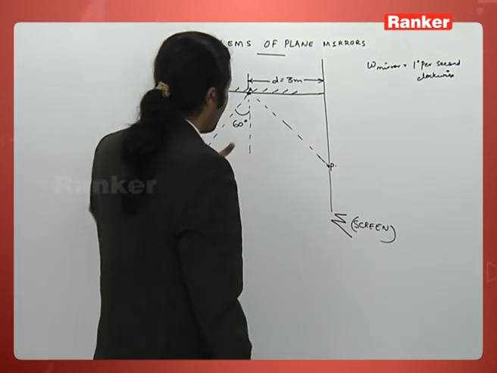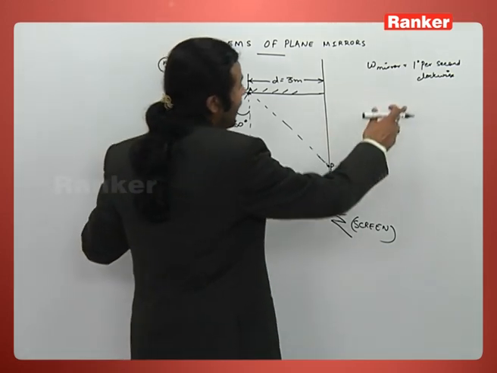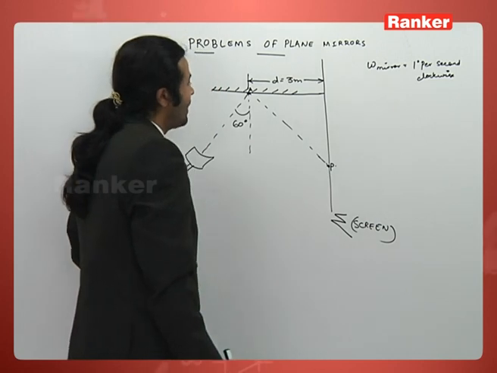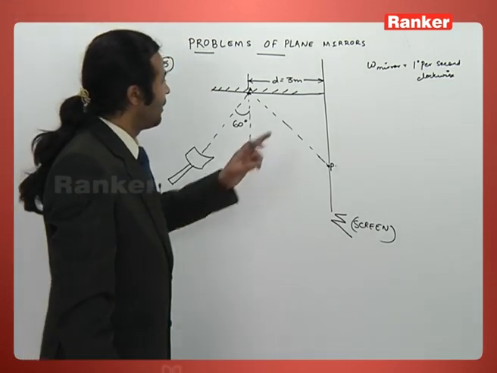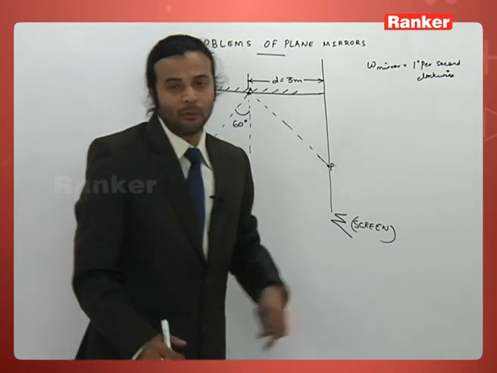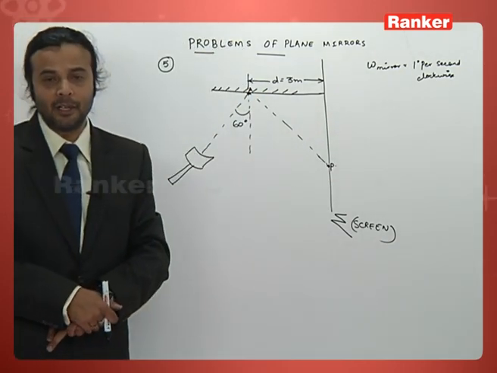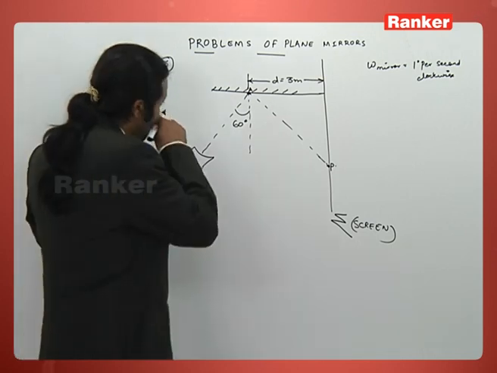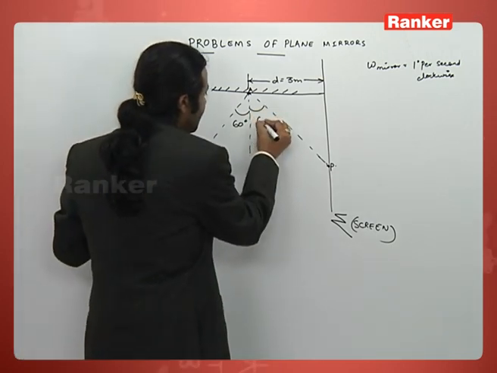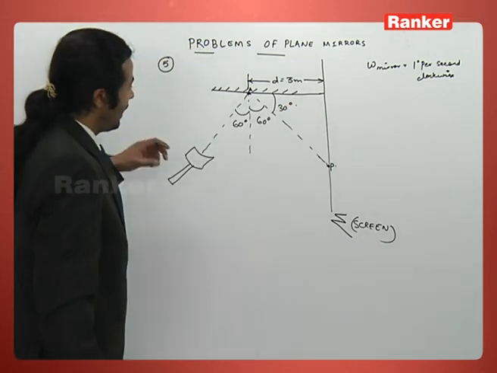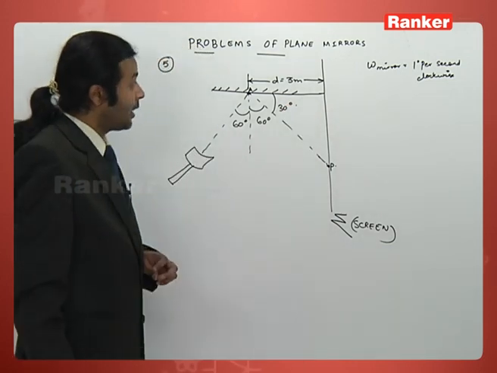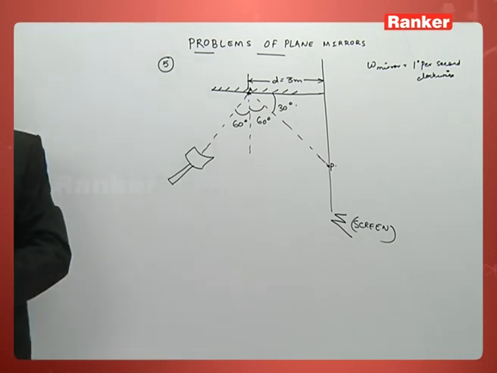Now 1 degree per second means after 15 seconds, the mirror will definitely rotate by 1 into 15, that is nothing but 15 degrees. So obviously this is 60, this is 60, obviously this is 30. Now he says the mirror rotates 1 degree per second clockwise.